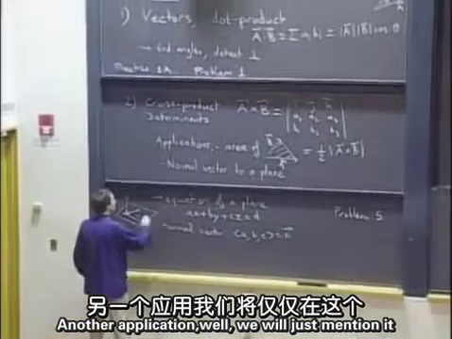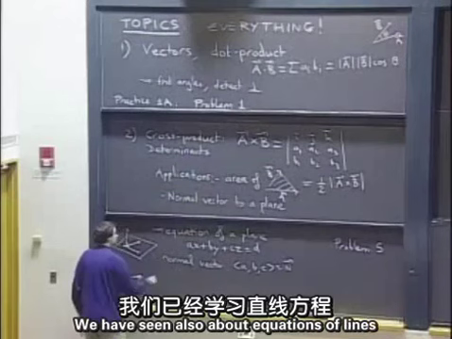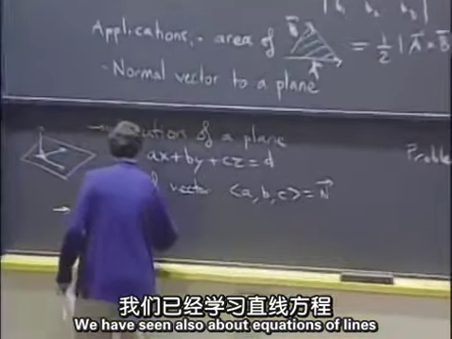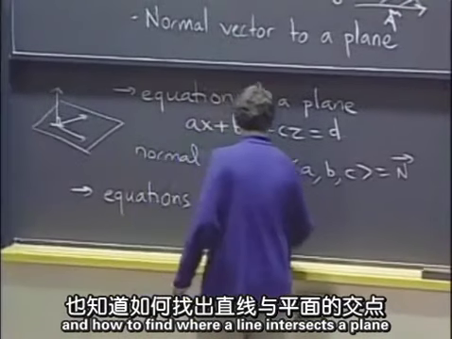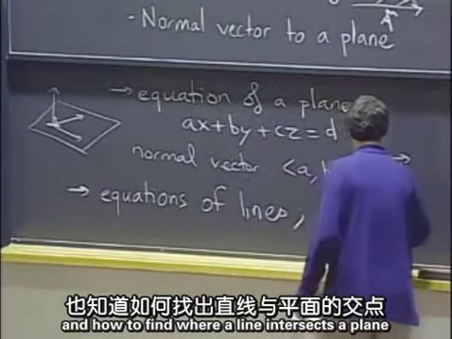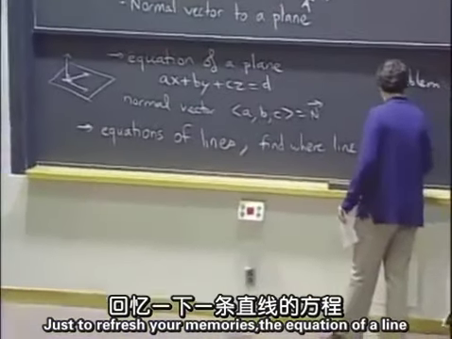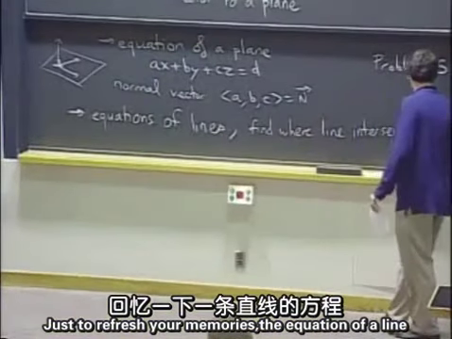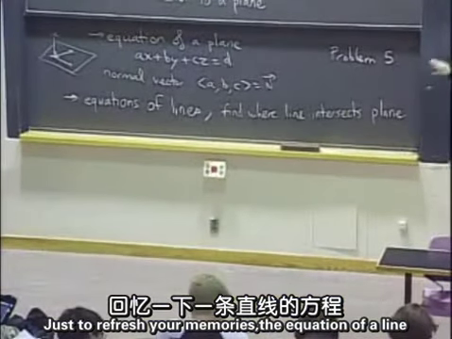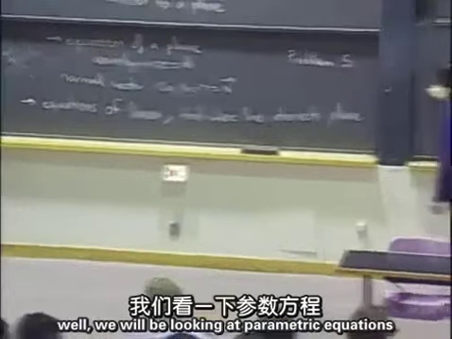Another application, well, let me just mention it as a topic that goes along with this one. We've seen also about equations of lines and how to find where a line intersects a plane. Just to refresh your memories, for the equation of a line, we'll be looking at parametric equations.